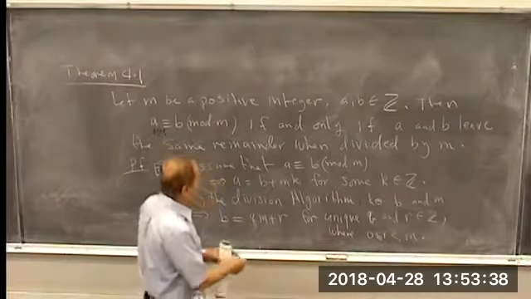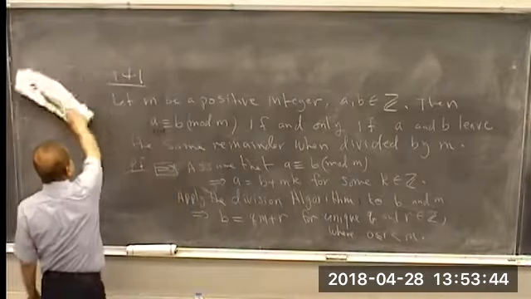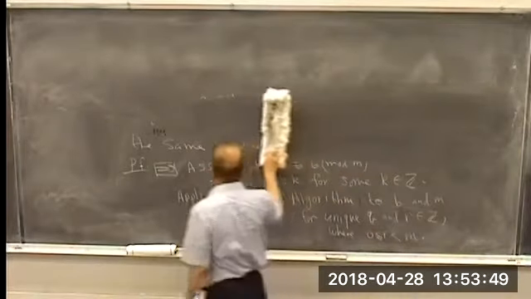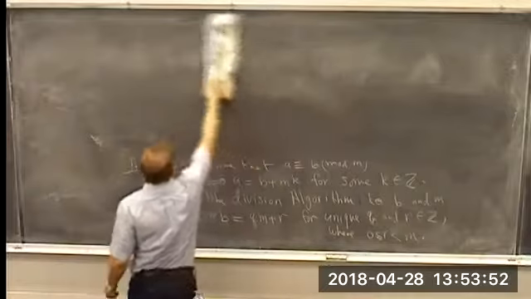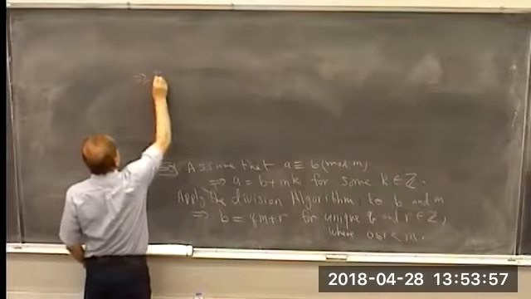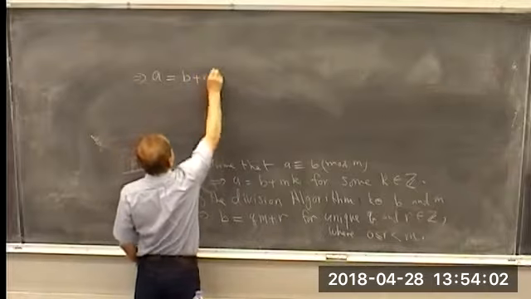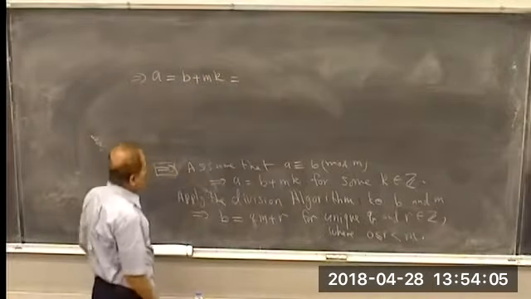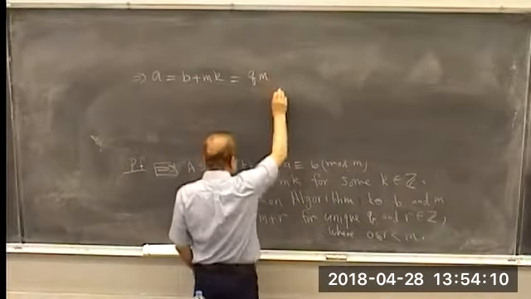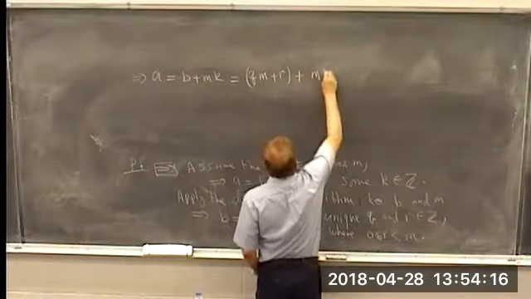Now, let's substitute for this B in the first equation. So this implies that now A is equal to, and I've been substituting for what B is equal to, QM plus R plus mk.